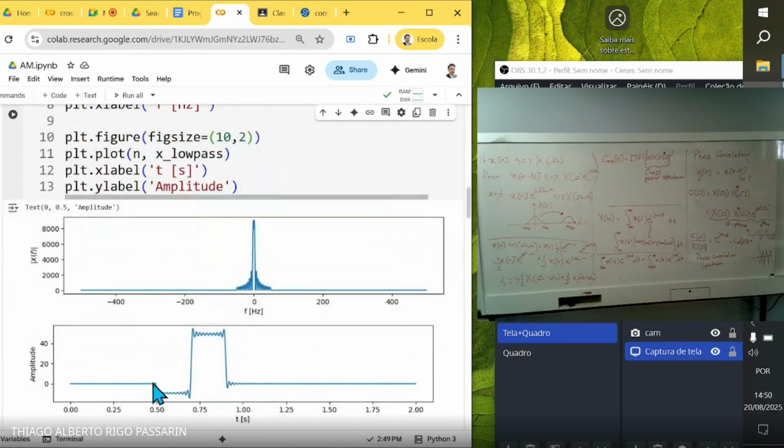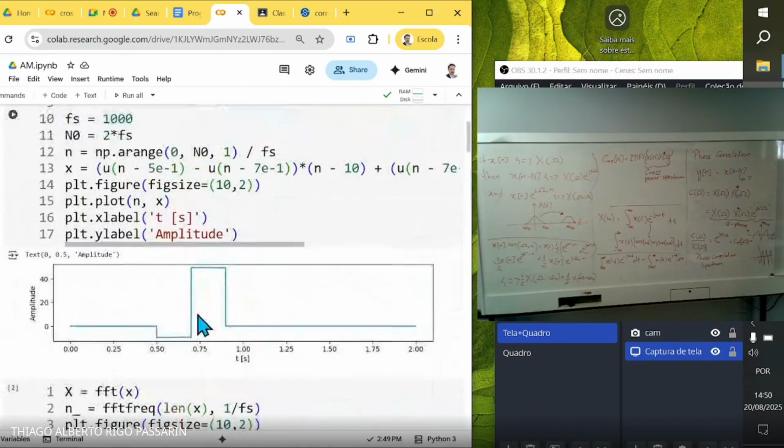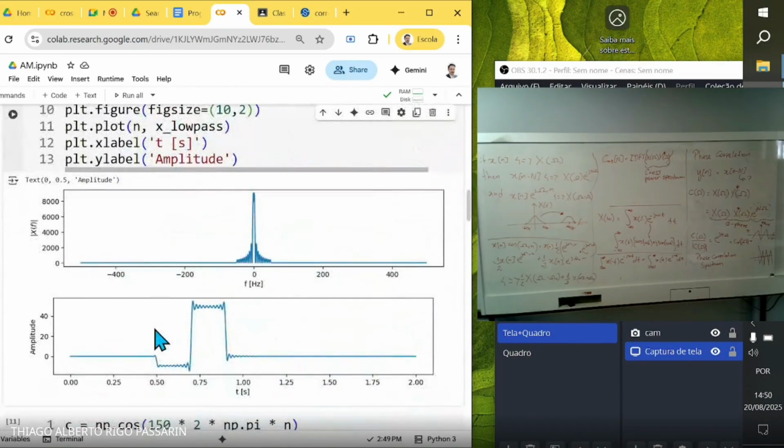This is my low pass version, my low frequency version of the original signal. So this is the time domain signal that we're going to modulate. Actually, this signal will modulate a carrier wave. This signal contains the information that I want to transmit. Now I will do this multiplication.